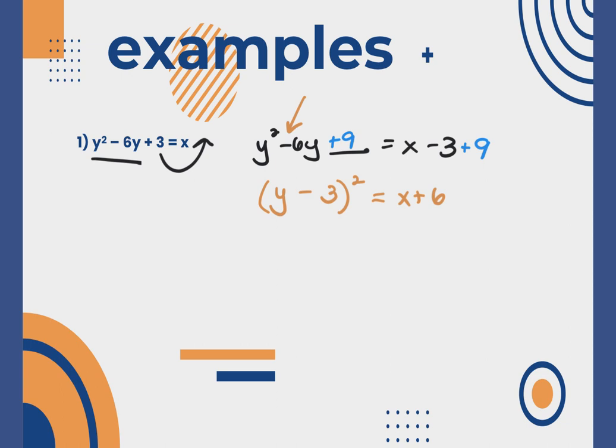Where's 4p? The 4p is what's on the front of the term that's not squared. So what's 4p here? Positive 1. So if it's a y squared and the 4p is positive, which direction is this parabola facing? To the right.